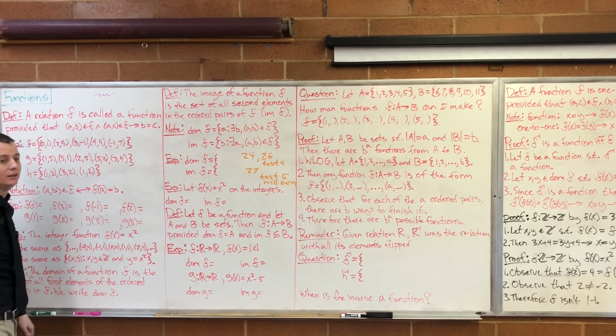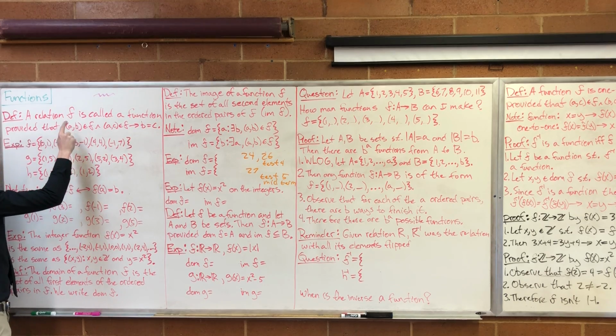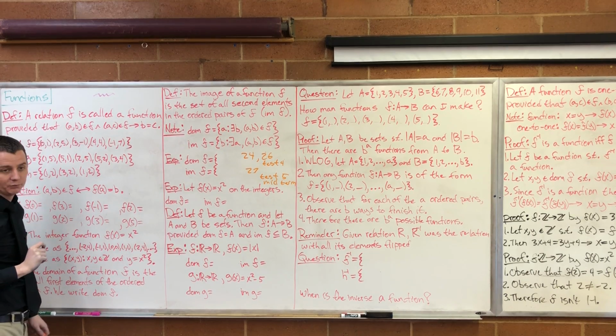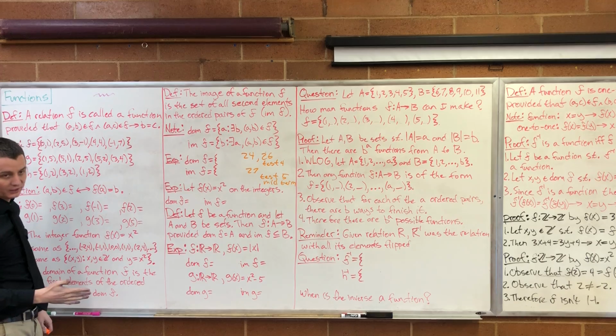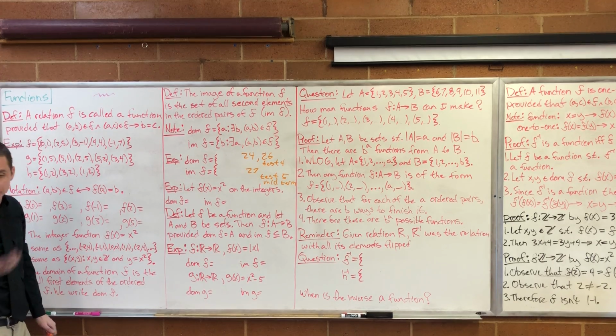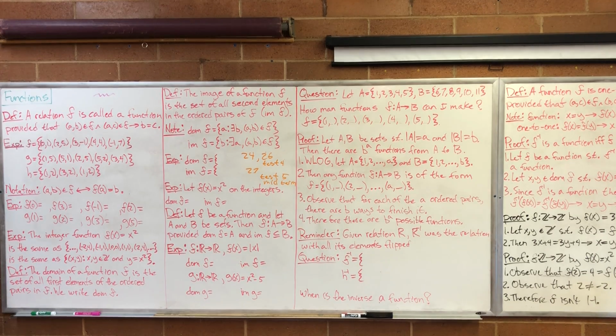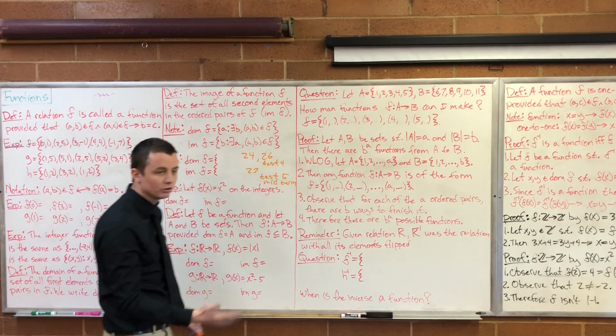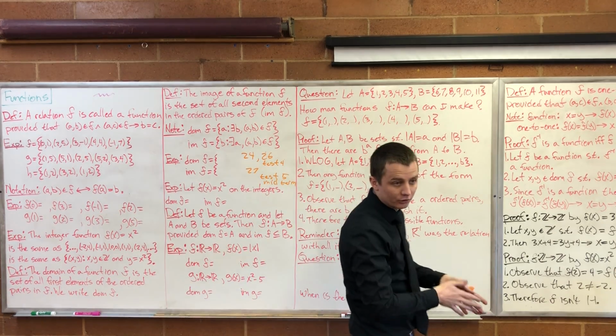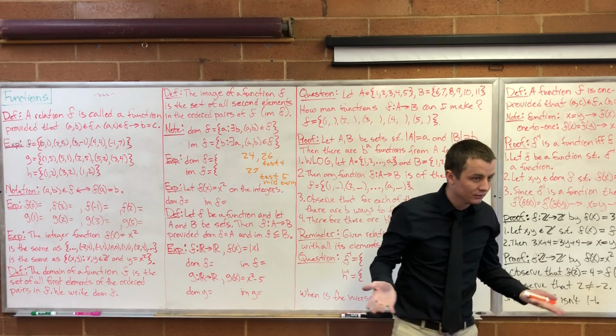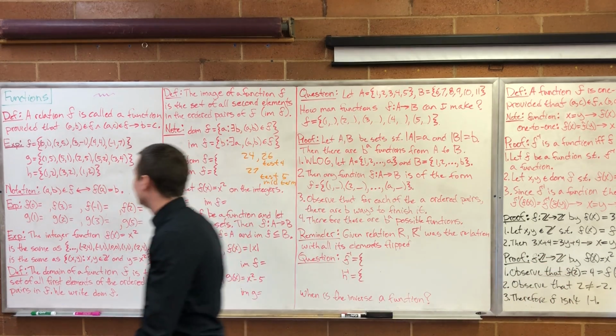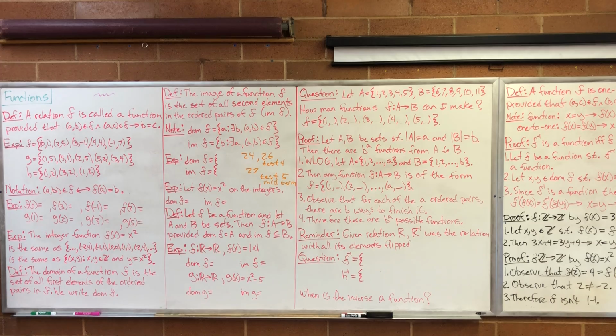Another way to say that is, every left-hand element is paired to one and only one right-hand element. You can't have it paired with two things. A bunch of different ways of saying the exact same thing. You already have intuition from your lower maths what a function is. For every input, there's only one output, something like that. A function. Same exact idea. That's exactly what a function is.